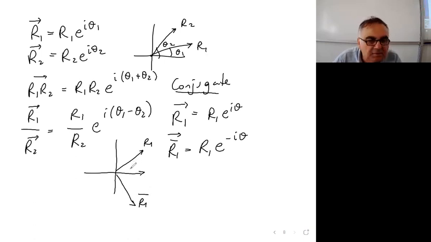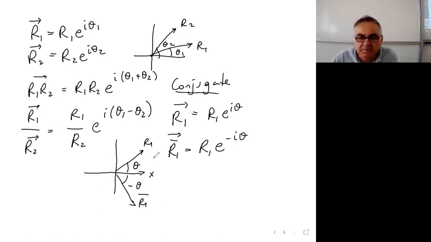So if this is angle theta, this will be angle minus theta. So the conjugate is the mirror image of that vector, okay? Taking the x-axis as the axis of symmetry.